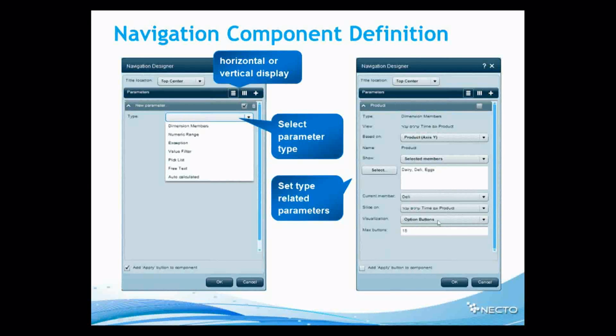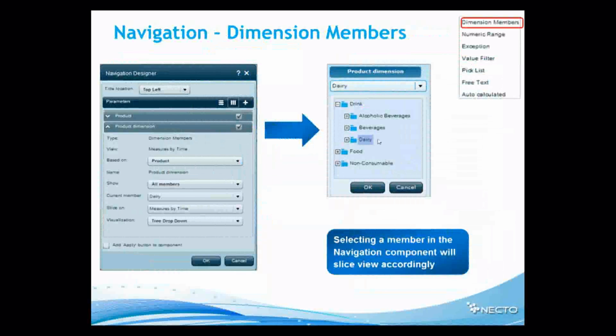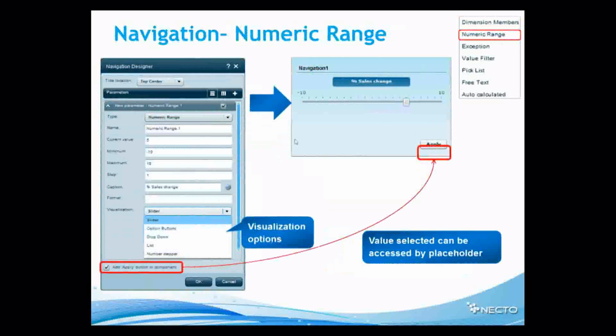And then I also say that I would like to visualize option buttons to define mask buttons maybe, and to slide it on one view or all views or several views, it is possible. And I can also say that I would like to add an apply button to a component. So these are dimension members, and when selecting, for example, tree drop down, this is what I'll get. I'll get a tree drop down, and when I click on the arrow, I'll get these members.